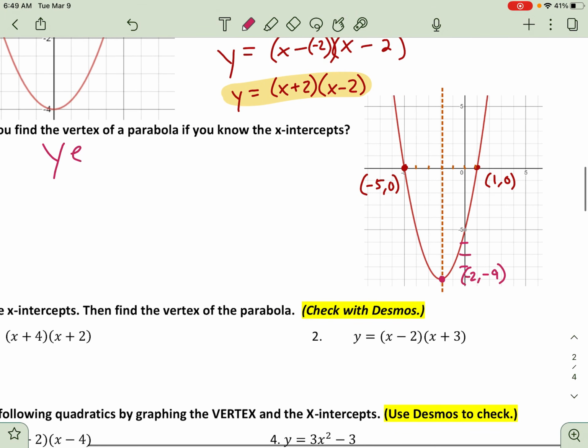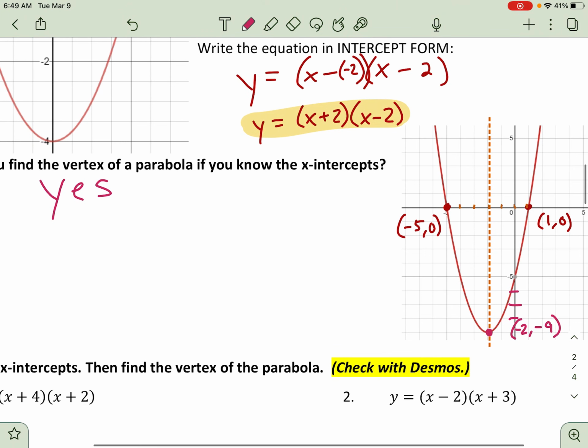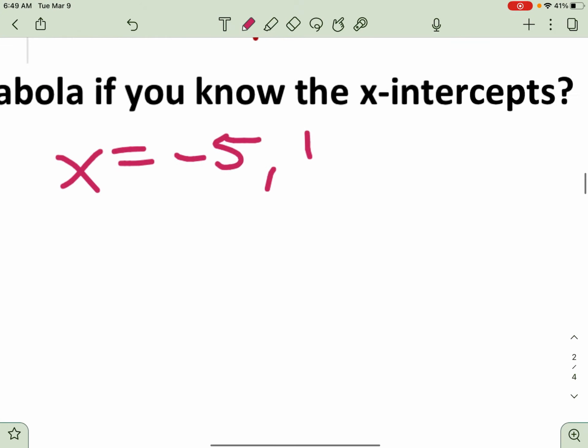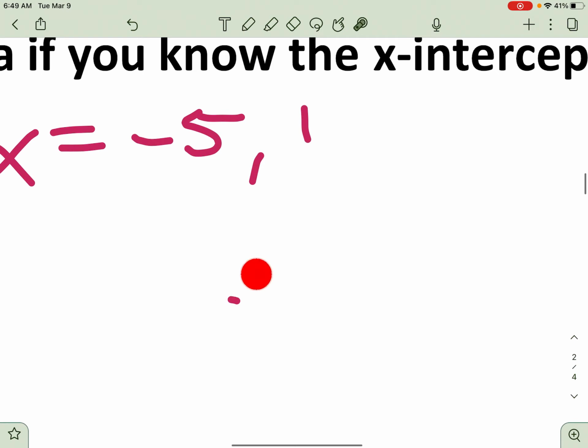So the answer is yes. And not only can you do it from a graph, but you can also do it algebraically. If I look at the graph and see that my x value is -2, because I know that my x-intercepts are -5 and +1, well, how many spaces are in between those?